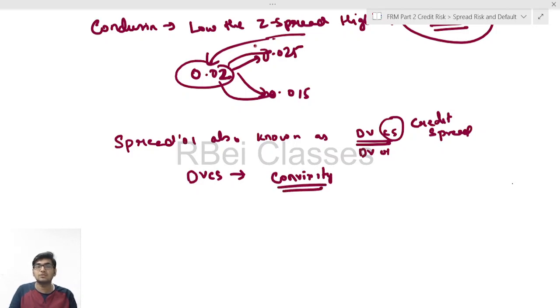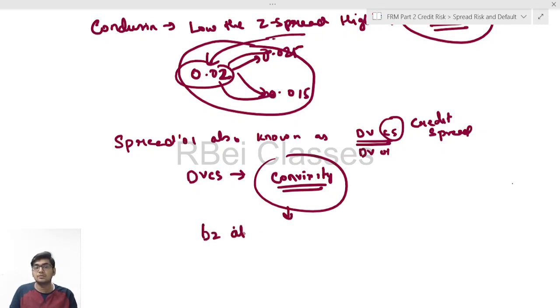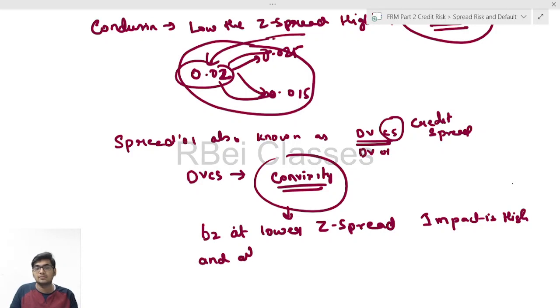Why convexity? Because you see that at lower values the impact is high, at higher values the impact is low. That's why it exhibits convexity. You can write down why it is convexity: because at a lower Z spread the impact is high, and at a higher Z spread the impact is low.